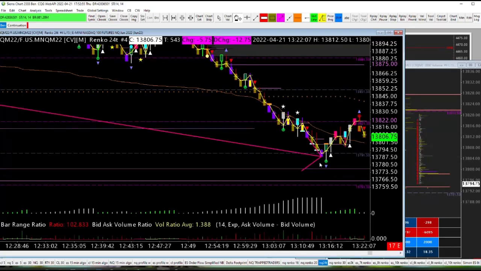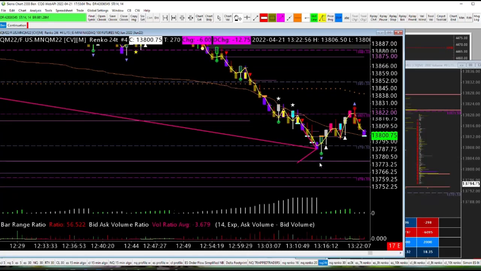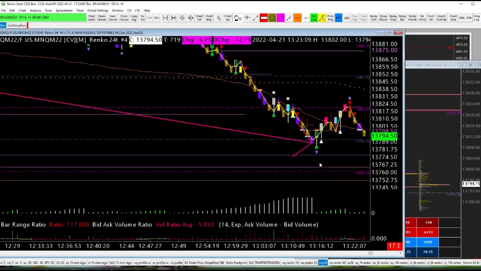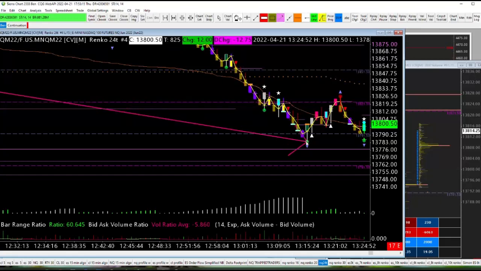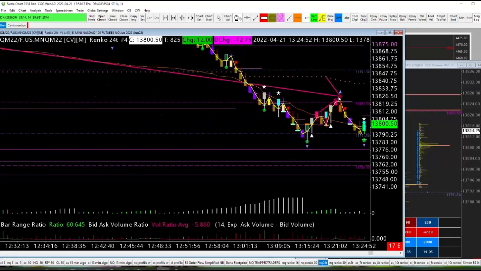So it's not that it's not a valid setup. It's just not a setup I'm willing to take, because I have to risk 15 to take it. And the chances that I get more than 15 are pretty low. Sometimes you get 25 to 50, but it's not often. Certainly not 60 or 70% of the time. And I'm not going to give away my gains for a 30, 40, 50% chance that I might get an extension.